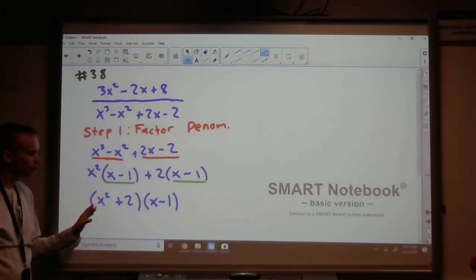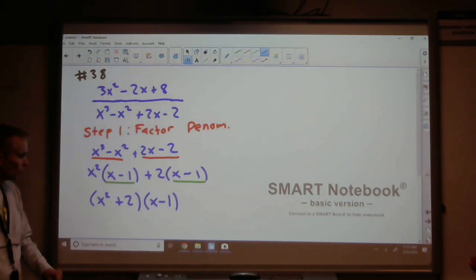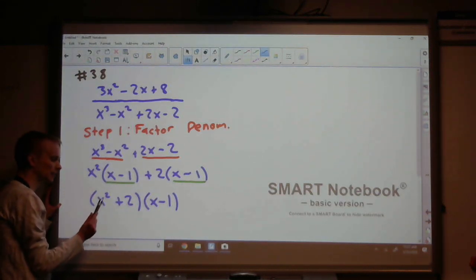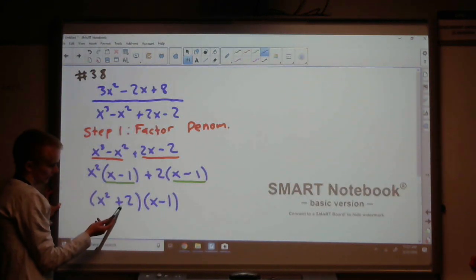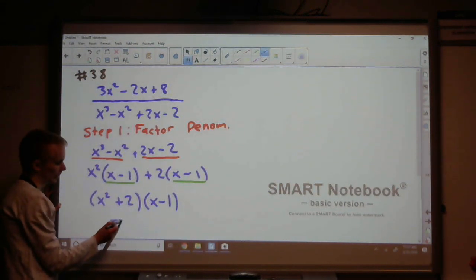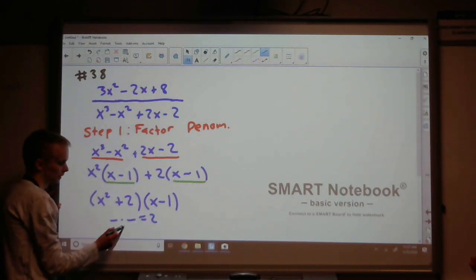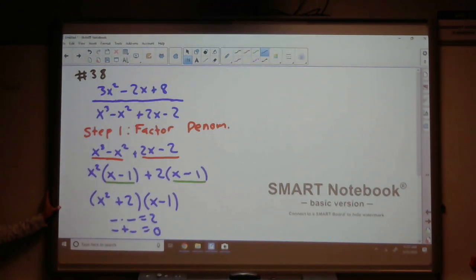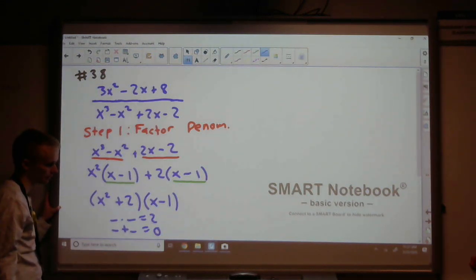We factored it. I should check and make sure, can I factor it anymore, okay? Well, this guy doesn't factor anymore. But what about this x squared plus 2? Does that factor? Well, if it did, I would be needing numbers that multiply to 2, positive 2, and that add to 0, okay? Well, 2 and 1 are the only things that multiply to 2, but when you add those, you're not going to get 0.